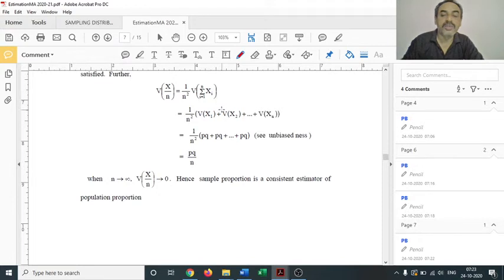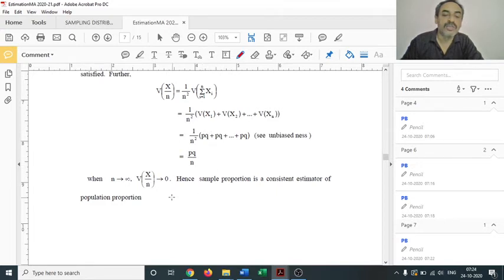Using the properties of variance, we have 1 by n square times V of x1 plus V of x2 plus V of xn. If you replace all these variances by pq, it is pq by n.